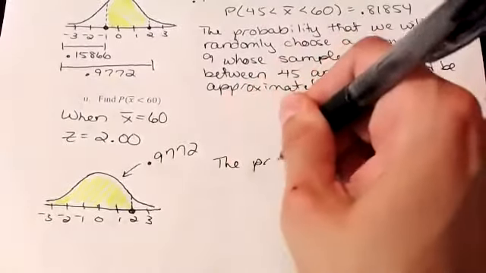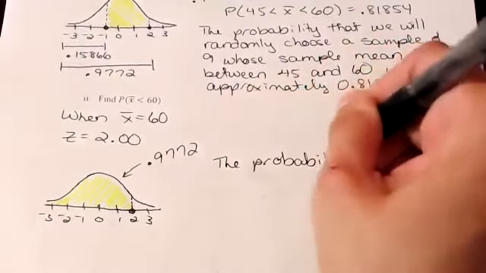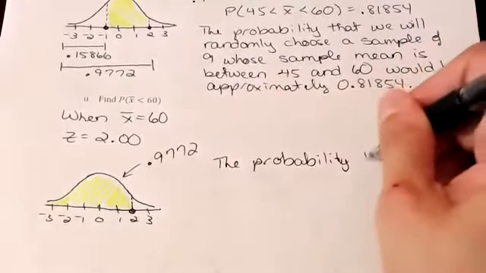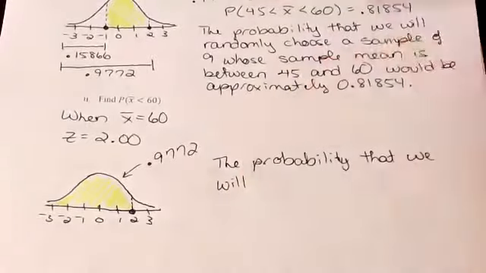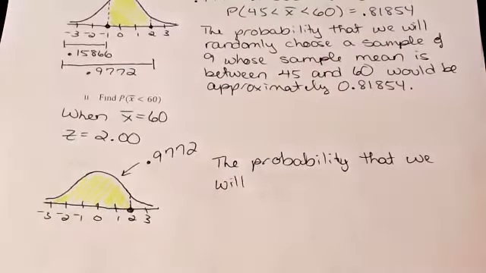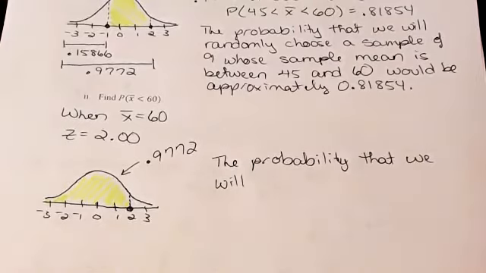The probability that we will, and notice I'm kind of cookie cutter copying that same statement. It's essentially starting the same, but we're going to say that the probability is less than 60, right? The likelihood that the mean is less than 60.